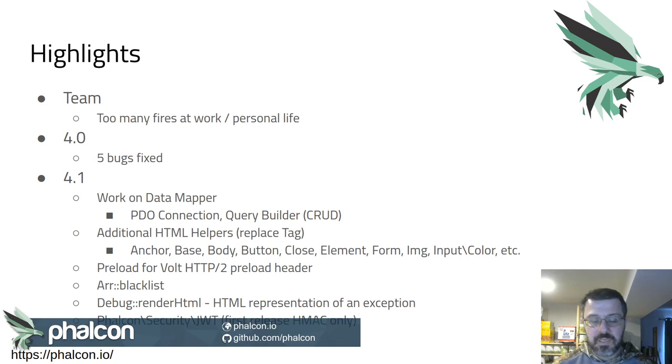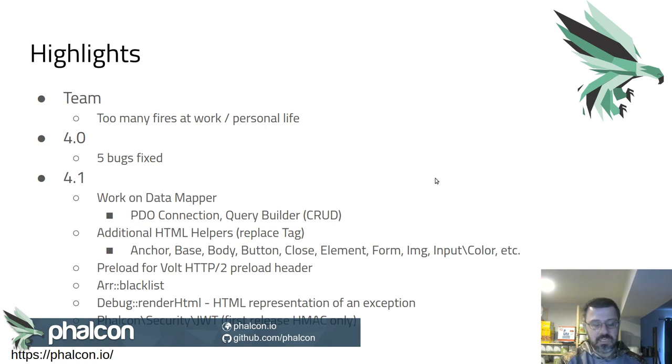Note that this one uses only symmetric methods, so it uses only HMAC, but in future releases we're going to produce also the EdDSA, which is the asymmetric one that uses a public and a private key at the same time. So these are the things that we have done so far, and where we are.